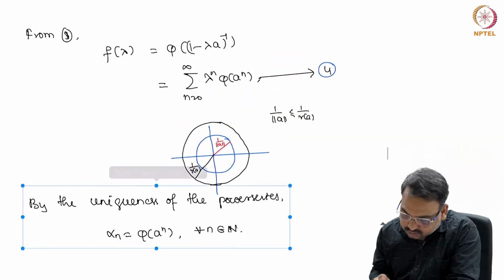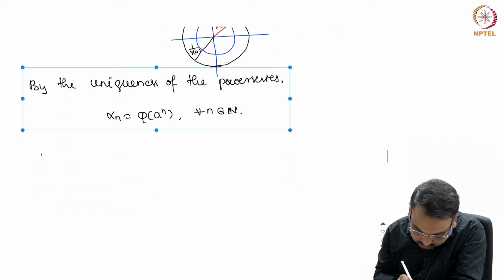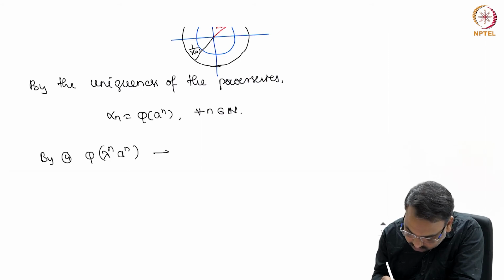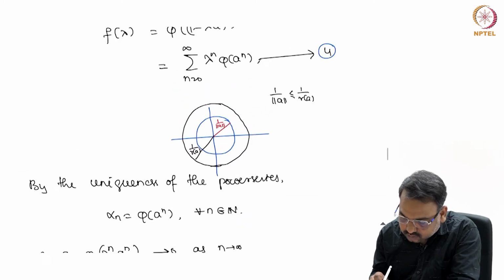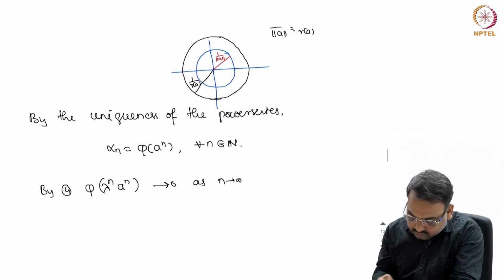Now we know that by 4 the series is convergent. So by 4 we can say that phi of lambda n A n goes to 0 as n goes to infinity. Since the series is convergent in 4, we can conclude that this is true.